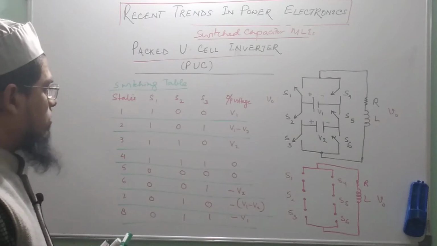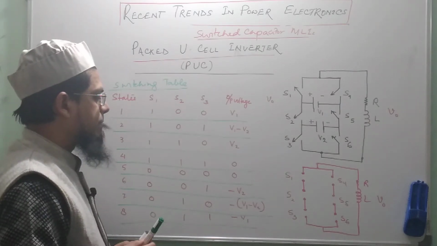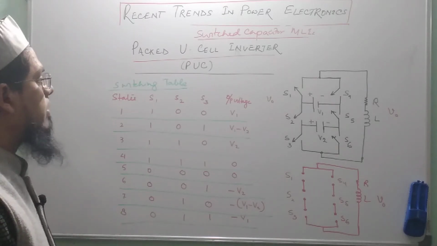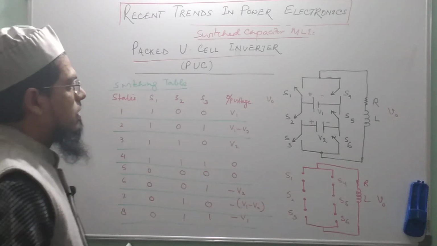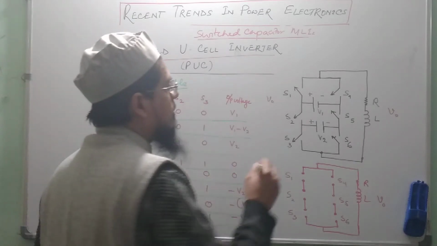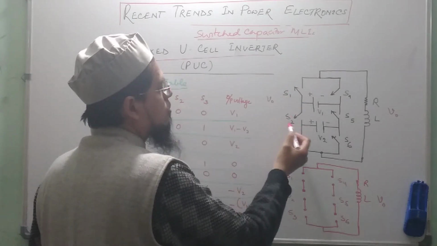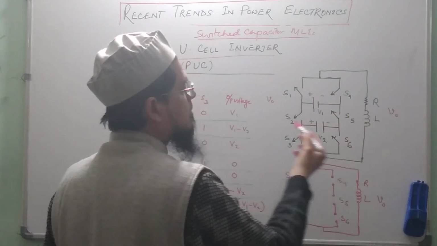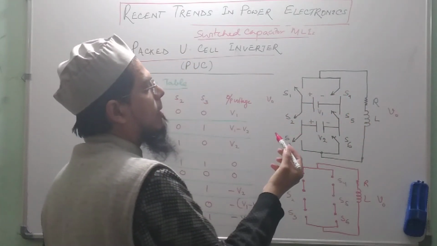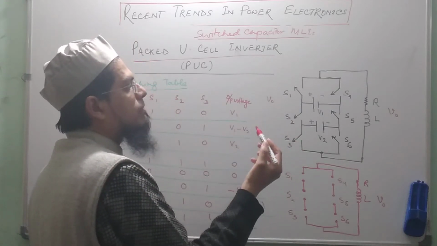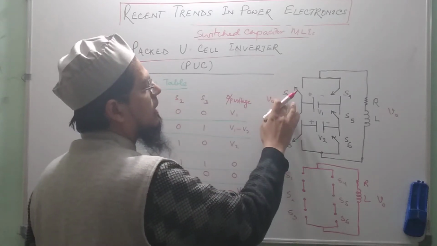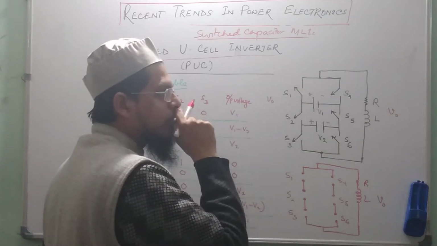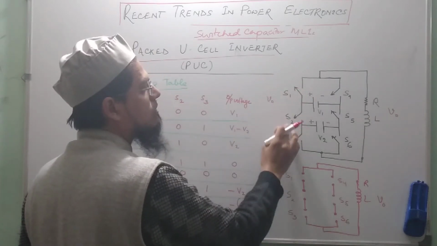So let's analyze this circuit. We have these 3 switches S1, S2, S3, and the other 3, S4, S5, S6, operate in complementary fashion compared to S1, S2 and S3.